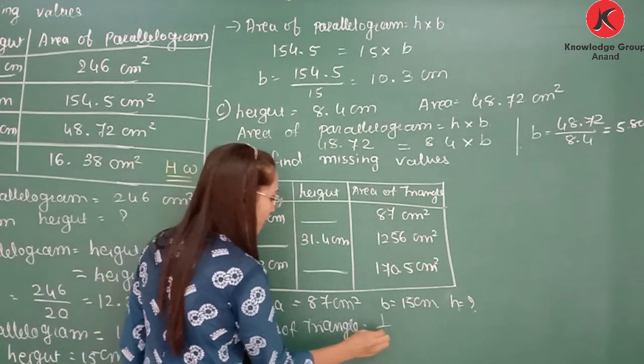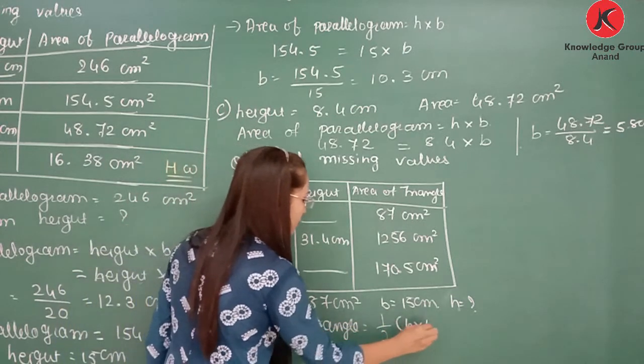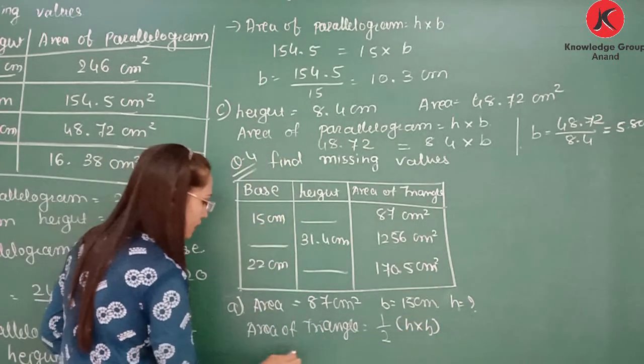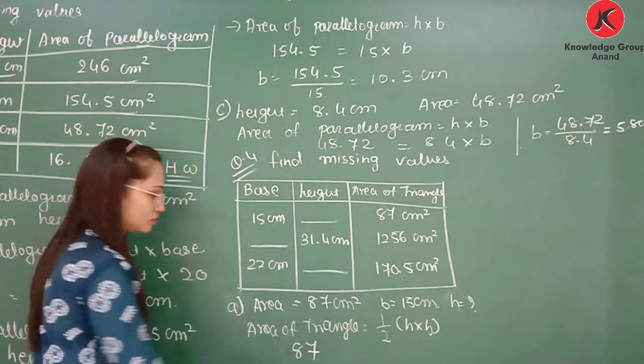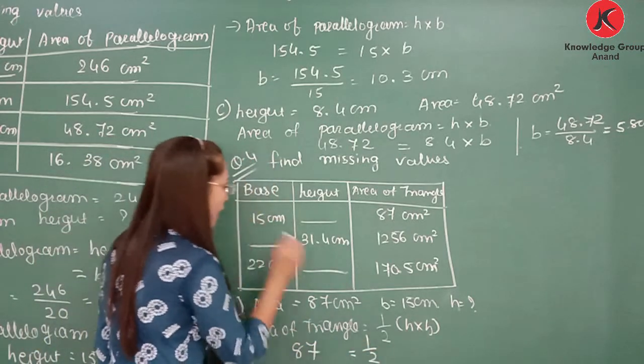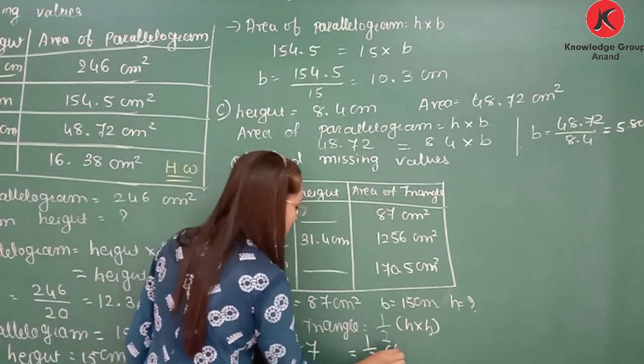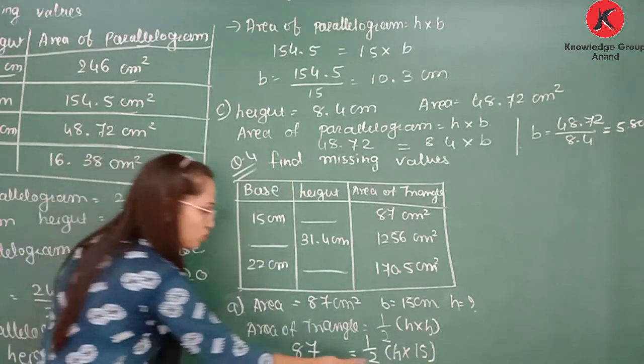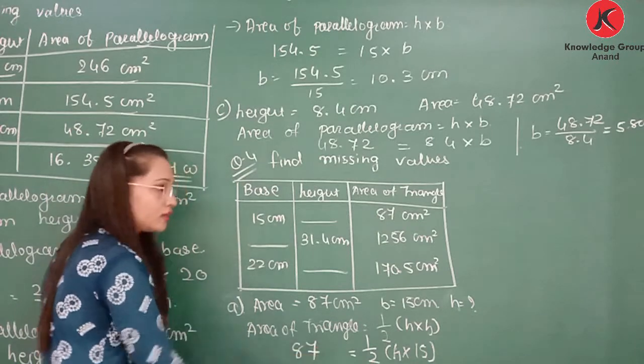That is 1 by 2 height multiplied by base. Area is 87, height is not given and base is 15. The 2 that is in the divide becomes multiply.